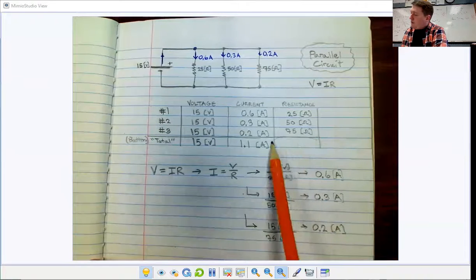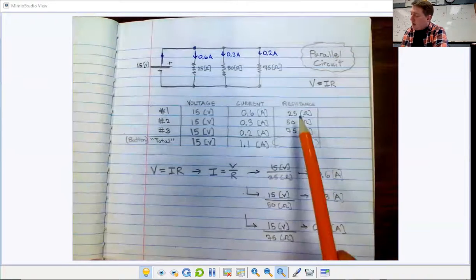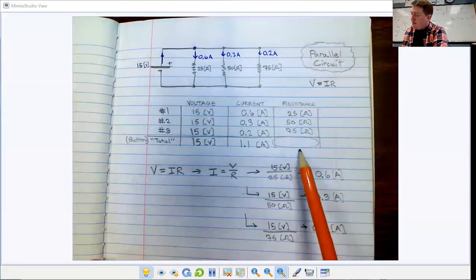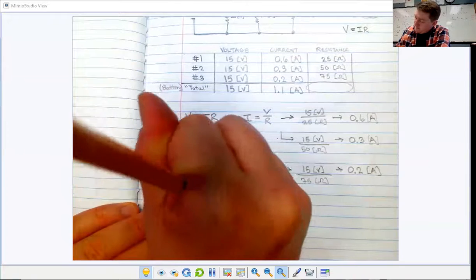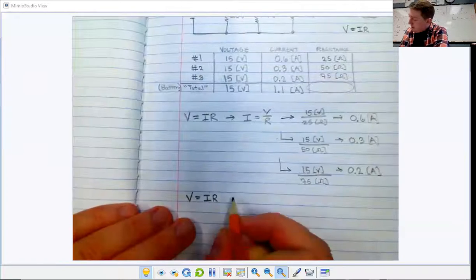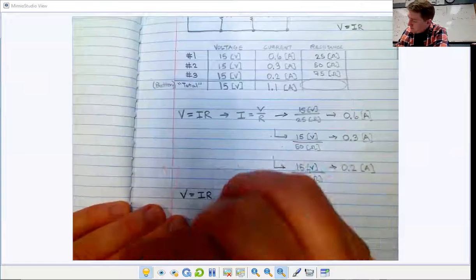Now, one would be mistaken to think that we add up these numbers to find the total resistance. Rather, we're going to use these two numbers to figure it out. Once again, I can use V equals IR, but this time I'm solving for resistance.